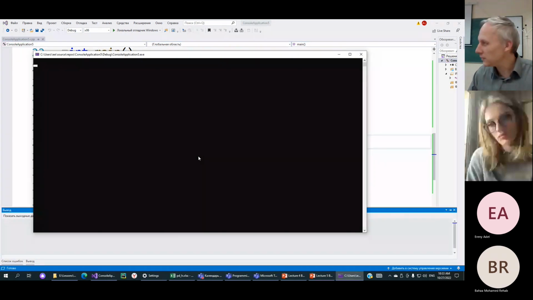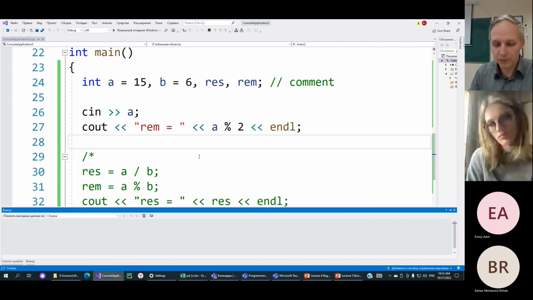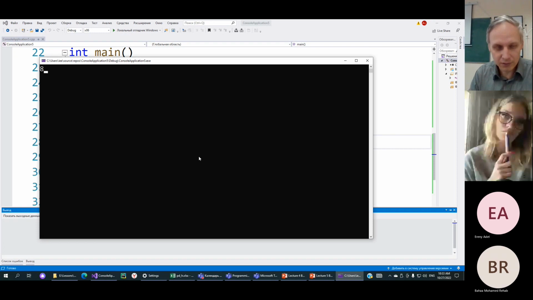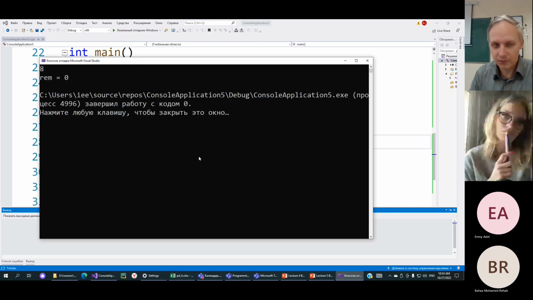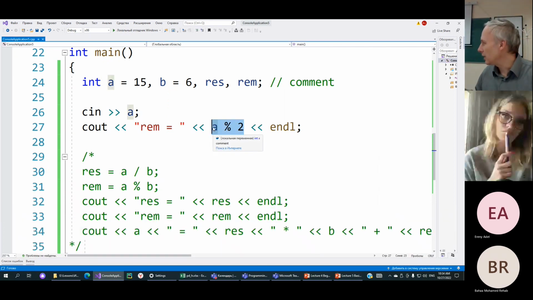If the number is odd, for example 9, the remainder is 1. If the number is even, 0. So this operation can be used when we want to check: is the number odd or even?